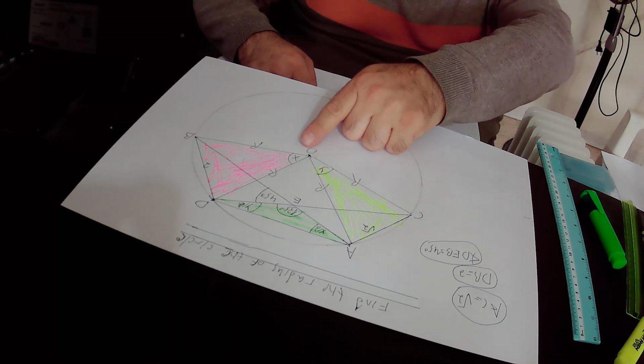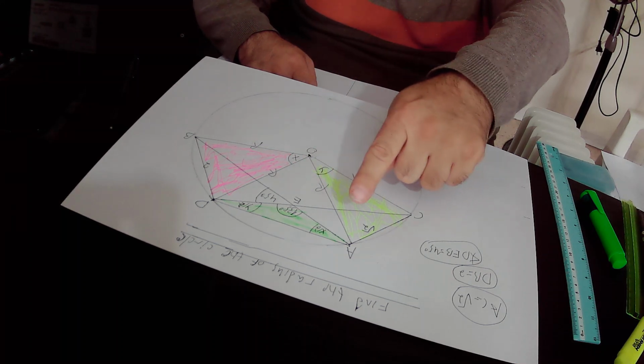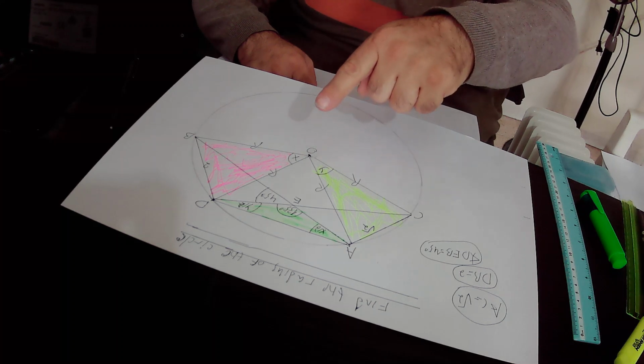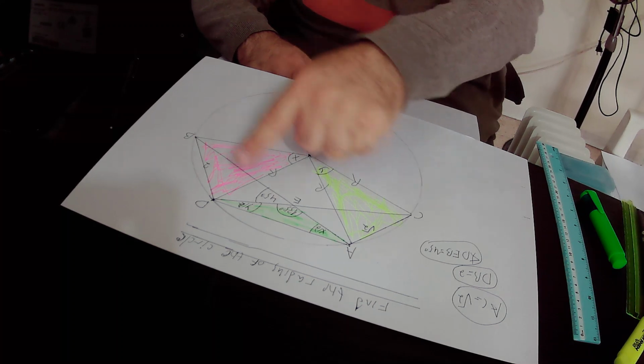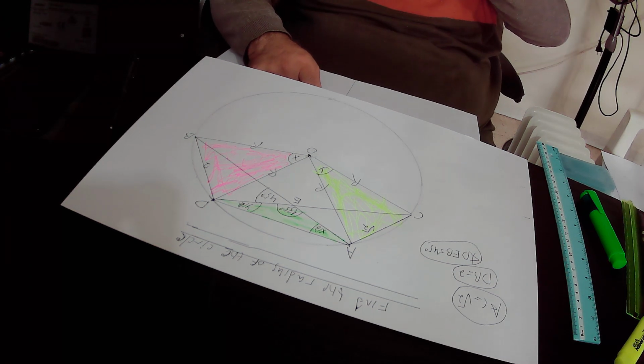Therefore, this angle must be equal to x. Why? Again, because both of those two angles, the peripheral angle and the central angle, rest on the same chord called DB, according to the rule that I mentioned at the beginning of the lecture. Okay?